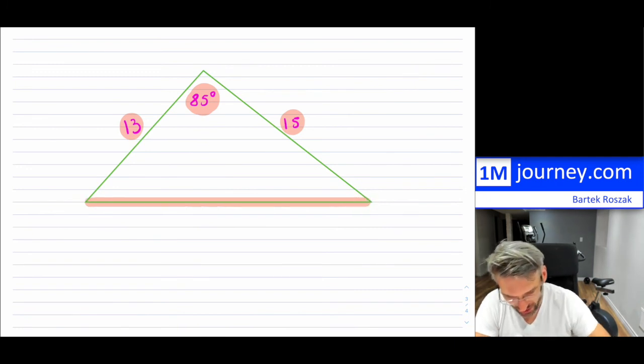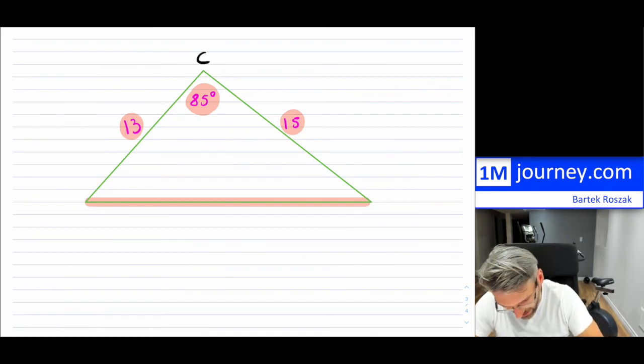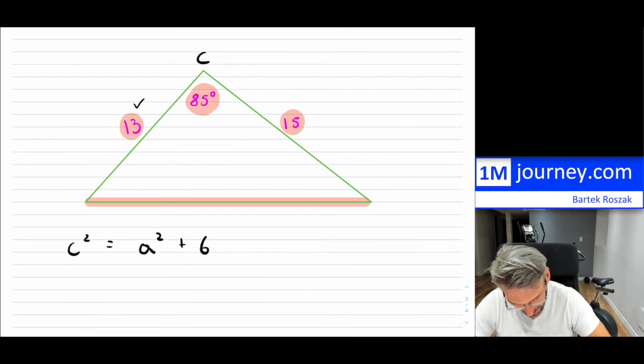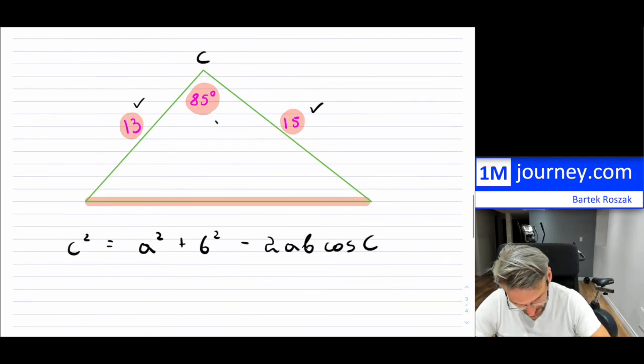So if this was the angle C, then C squared is equal to, again, A squared, if this was A, plus B squared, this is my B, minus 2 times A times B times cos of the angle C, which is given.